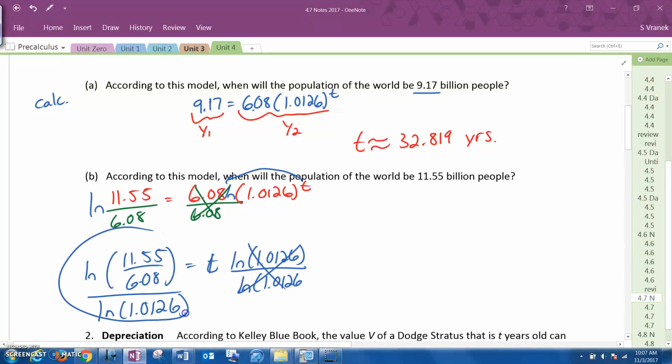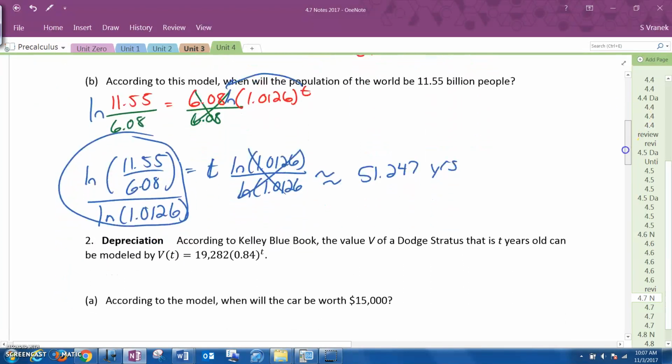Type all of this in, this is the exact answer. Type all of that into the calculator, and when you do, you get 51.247 years. Okay, so that's how you solve it algebraically. You divide the initial amount out of there first, then you natural log both sides to bring the t down in front, and then divide by the natural log of the rate for this one.